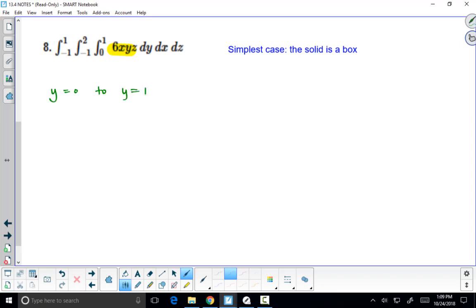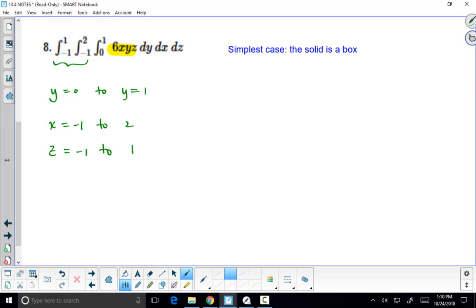Those are the surfaces, y equals 0 and y equals 1, so that's a left surface and a right surface. Then we restrict ourselves between those two surfaces by looking at the outer two. So x is going to go from -1 to 2, and z is last. z goes from -1 to 1.